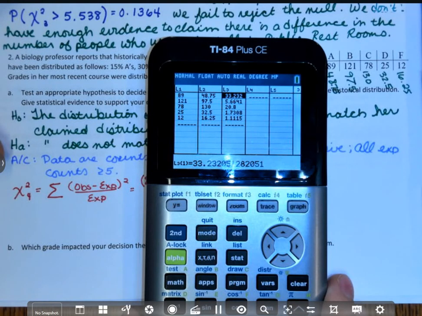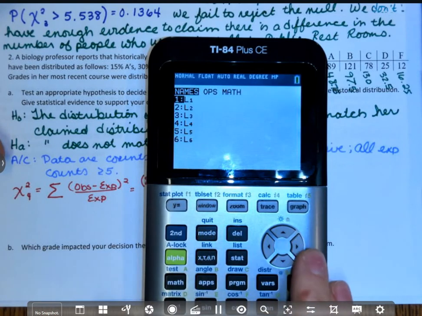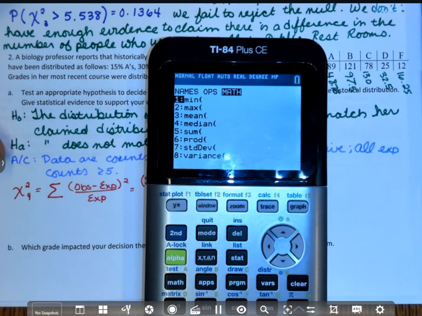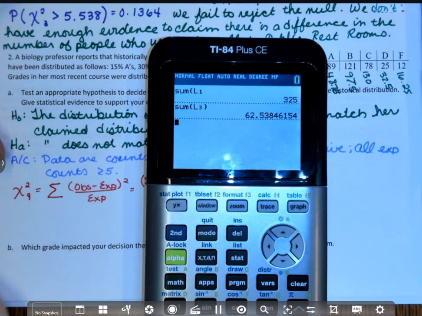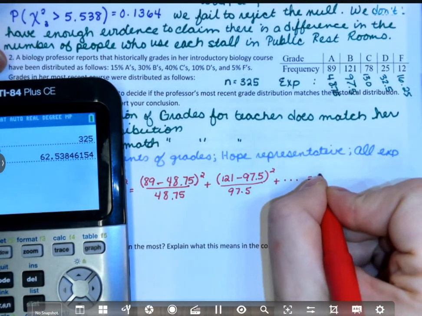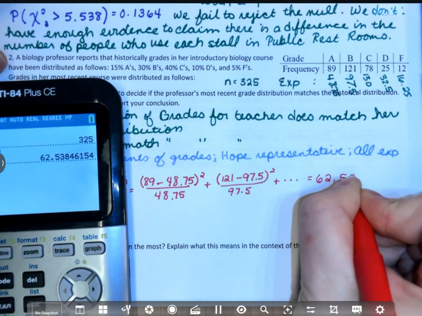So far, so good? And then I'm going to go to my second list and take the sum of list 3. So my chi-squared component is 62.538.